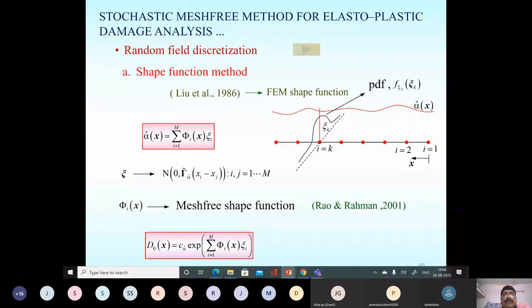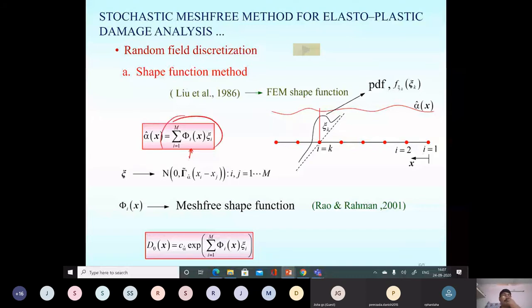We call this random field discretization. You assign some random variables. So what we do is we discretize into random variables, and we use a shape function like in the displacement approximation, and then you get an expression for that. So that is one technique. Then you substitute here.